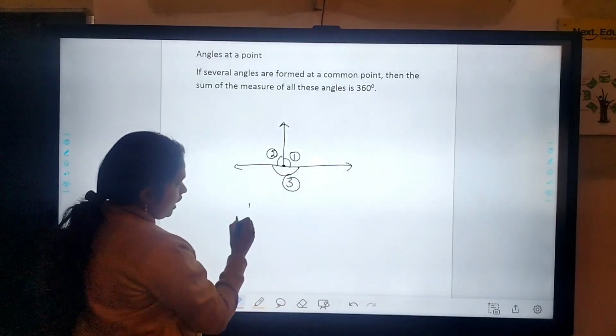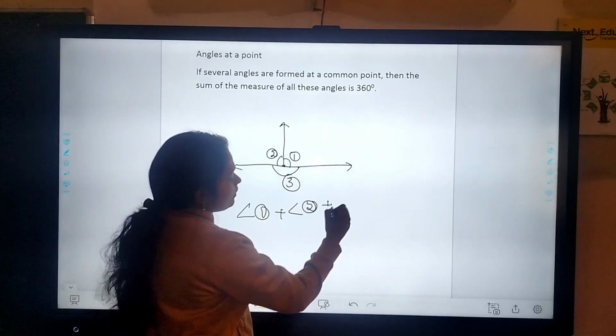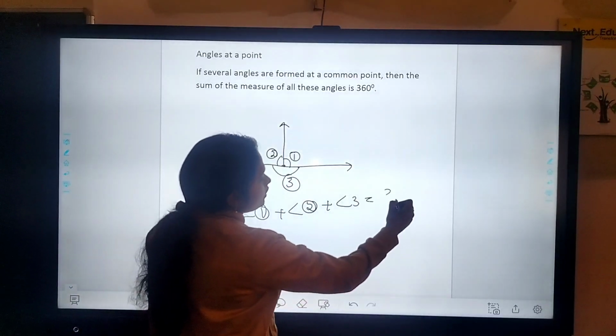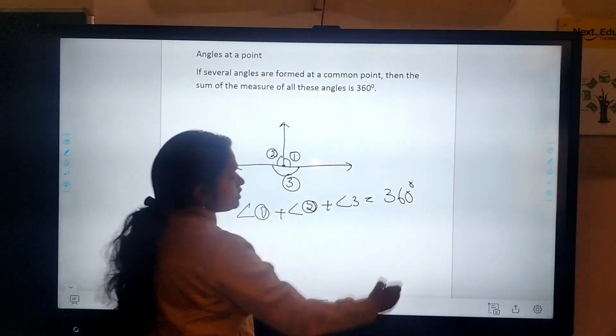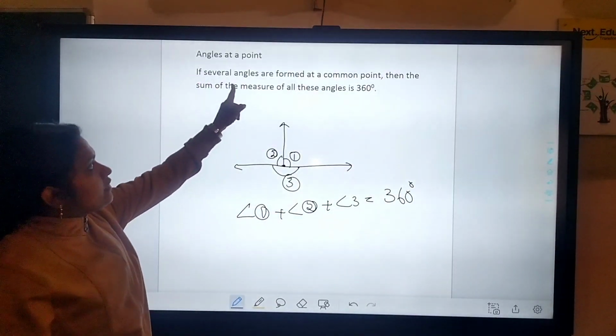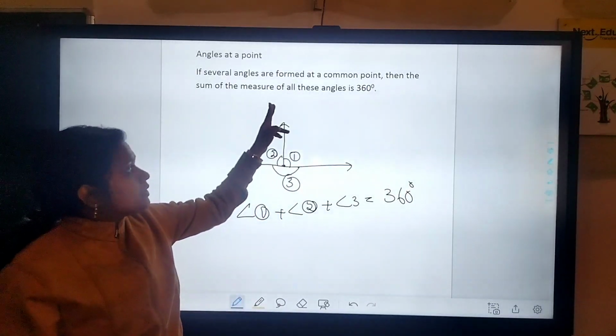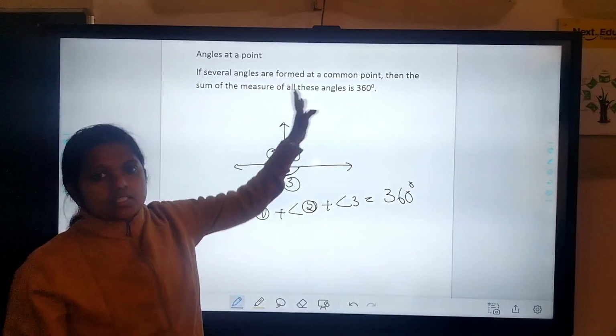The sum of the first plus second plus third angle is 360 degrees. If several angles are formed at a common point, then the sum of the measures of all these angles is 360.